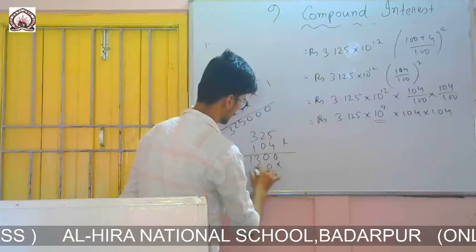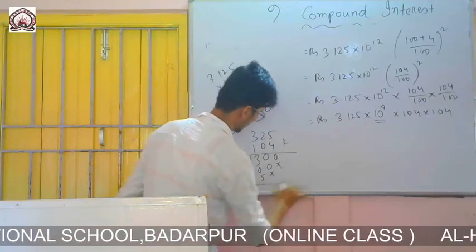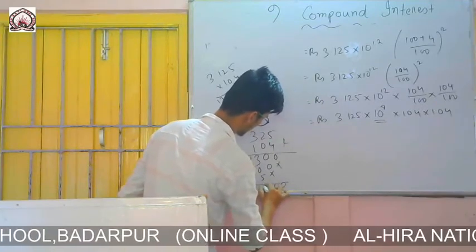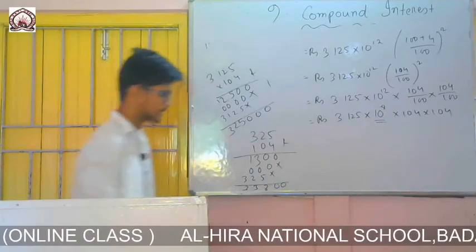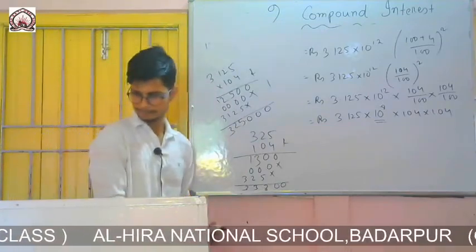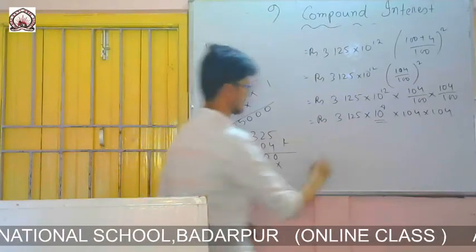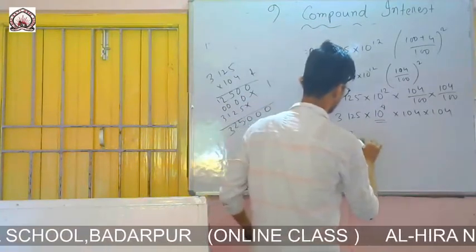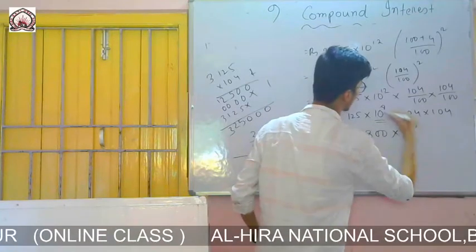Then 0 0 0, again with 5 2 3 0 0, 5 6 7 8 2 and 1 3, and there are 3 left. 3 3 8 0 0, rupees 33800 into 10 to the power 8.